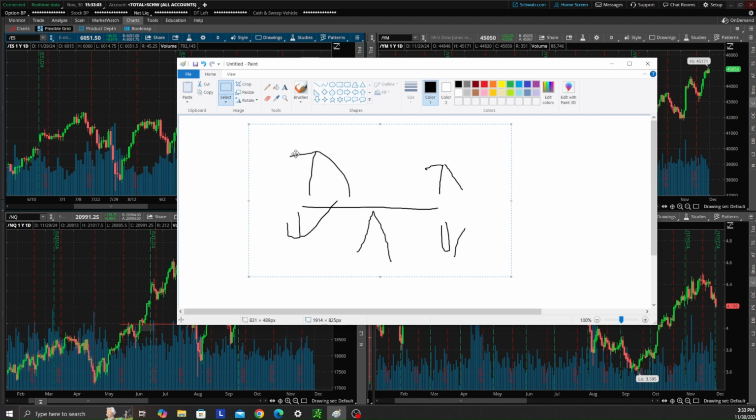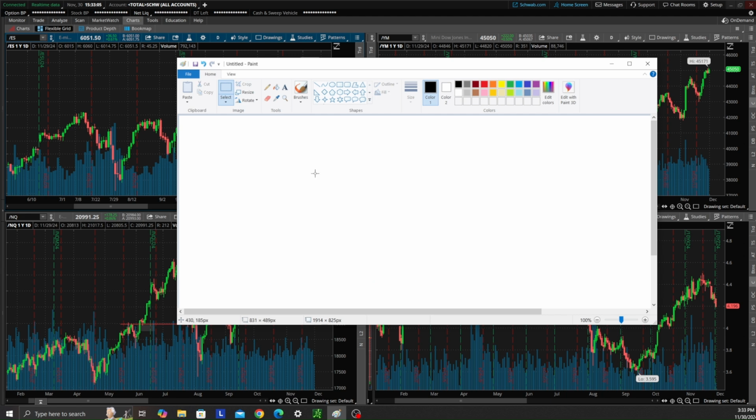So let me get rid of this here. Say I bought a bond and it's paying me 5%. That's horrible, but whatever, a 5% bond. I'm holding that bond, it's paying me 5%, and I'm going to get a 5% return on my money.